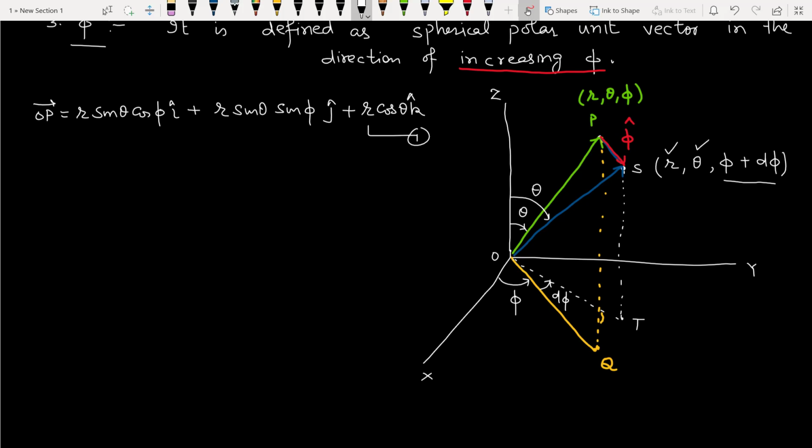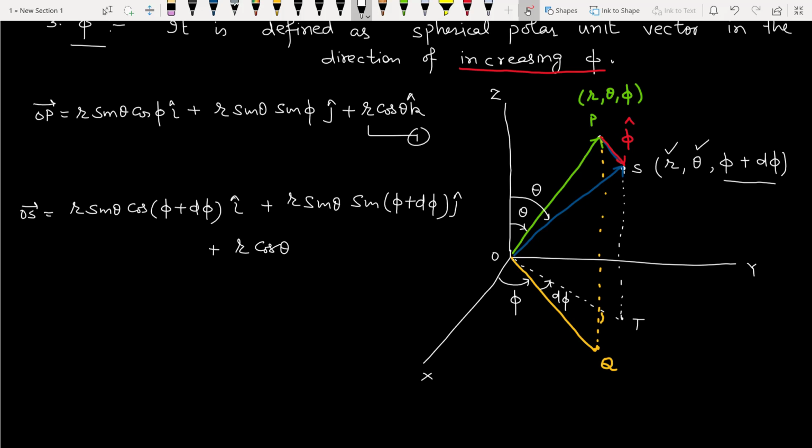So on similar lines, like we have written the expression for OP, we can write the expression for OS: r sin theta cos(phi plus d phi) i cap, r sin theta sin(phi plus d phi) j cap, r cos theta k cap.